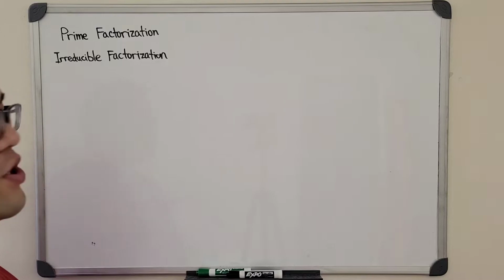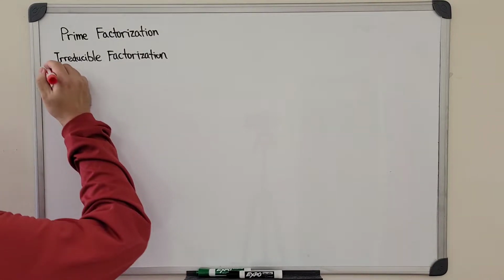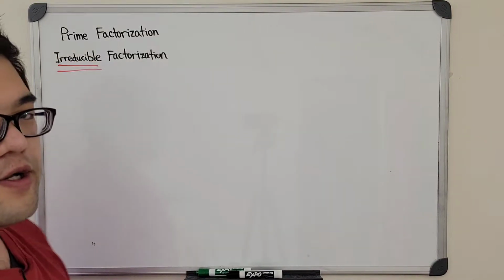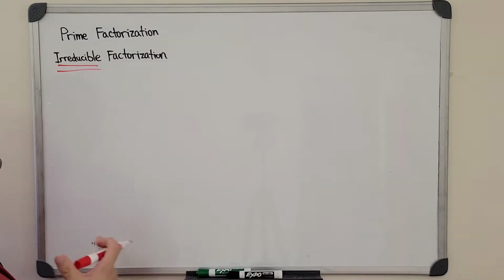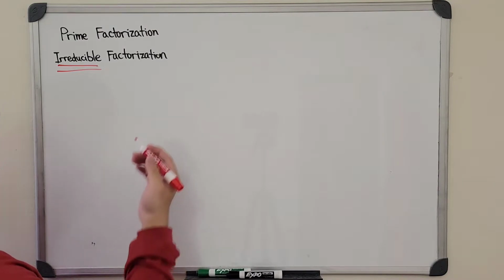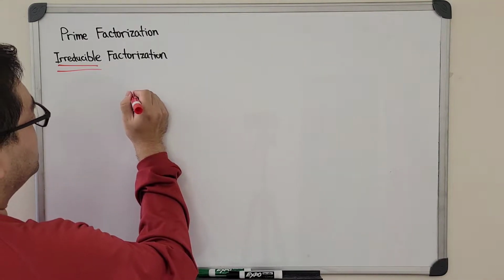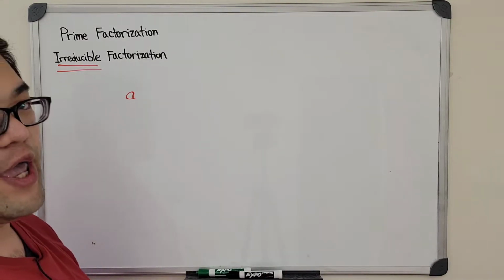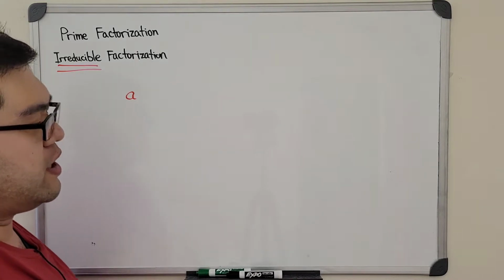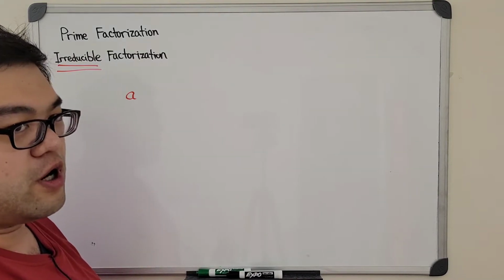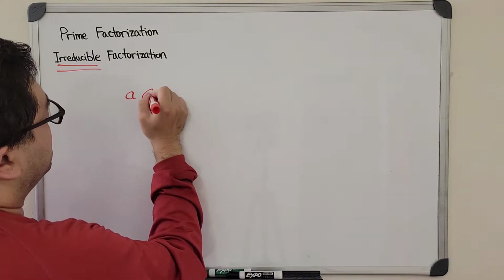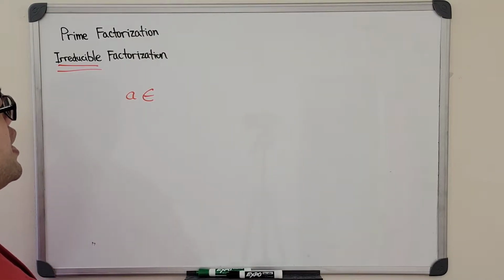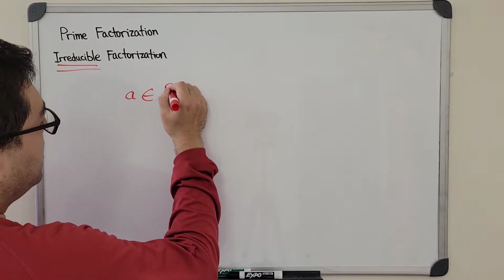But first, let's try to understand what the meaning of irreducible is. In algebra, when we say something is irreducible, let's call it some variable a, or you can just think of it as an element, you can put it in a group or in a ring.